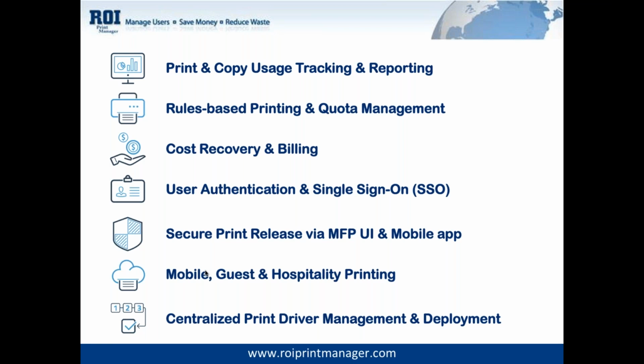Our mobile offering also includes the ability to send from any mobile device to any print device on the network. That's done either through our mobile app for iOS or Android, or alternatively users can submit emails with their jobs attached, which we can make available to them within their personal queues to release at devices, or we can print it out at specific devices.